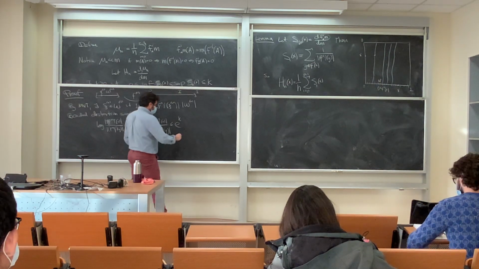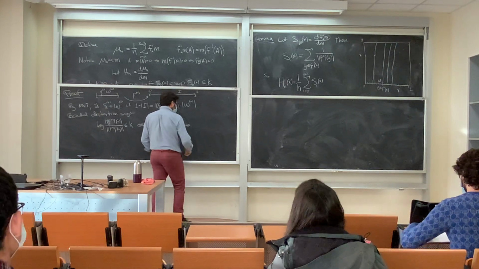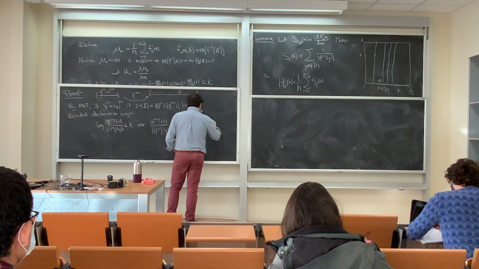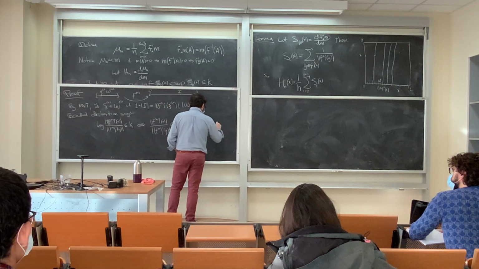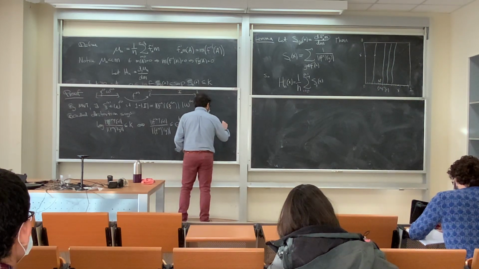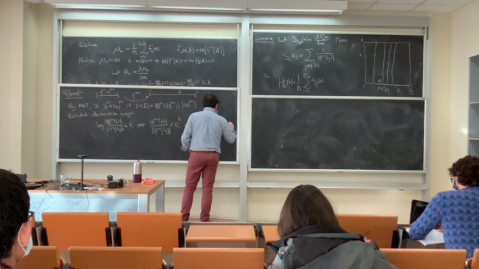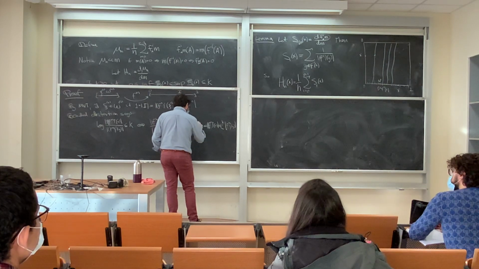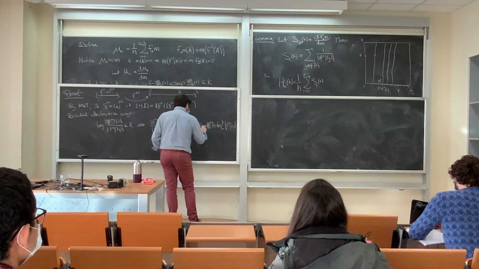Which says that F_n prime of x is less than e^k F_n prime of y, and greater than or equal to e^{-k} F_n prime of y.